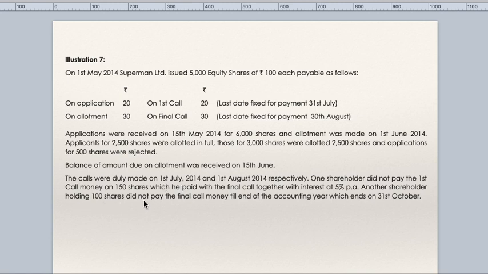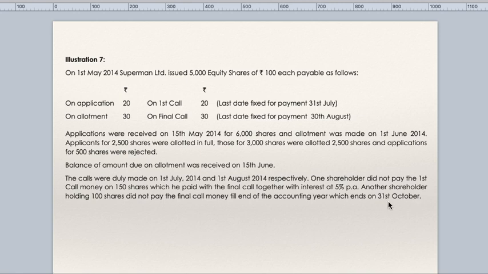Another shareholder holding 100 shares did not pay final call money till the end of the accounting year, which ends on 31st October. Final call was due on 30th August. He has defaulted in making final call money payment on 100 shares, and this default continued till the year end, 31st October.